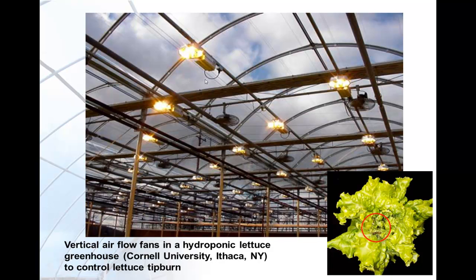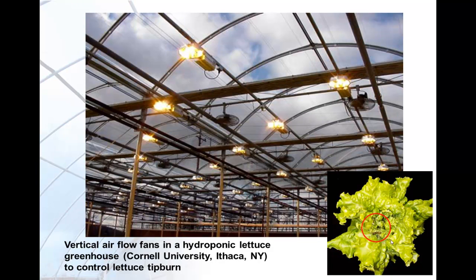This is a problematic issue, and traditionally the growers had to reduce the growth rate of the plants, either by lowering temperature, giving up CO2 enrichment, or reducing the light intensity, so that tip burn doesn't show up. However, a scientist discovered that air movement around the plants actually helps to mitigate the tip burn.